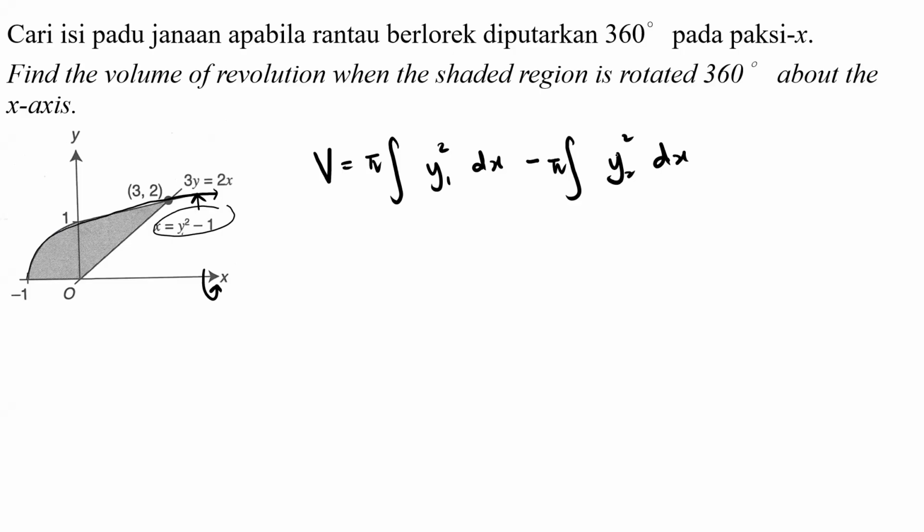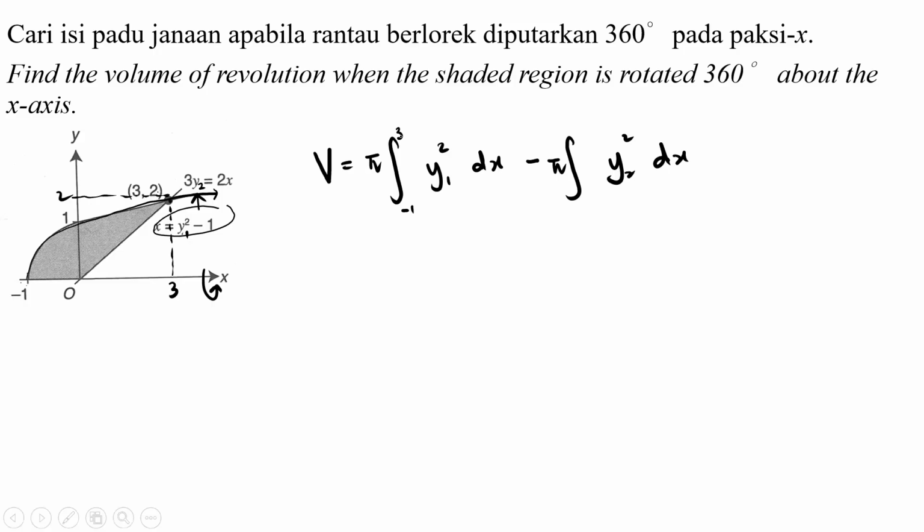So you have to define your y1 and y2 clearly. This is my y2. This is my y1. For my y1, the boundary is from -1 until here. What is this? It's (3, 2), which means the x coordinate is 3 here and the y coordinate is 2. So it's from -1 to 3.